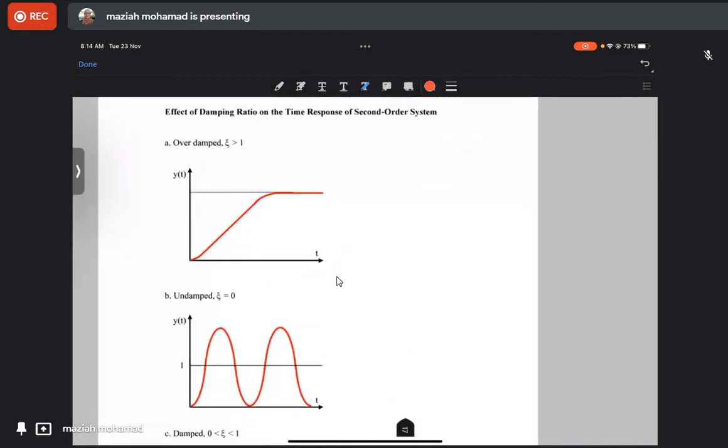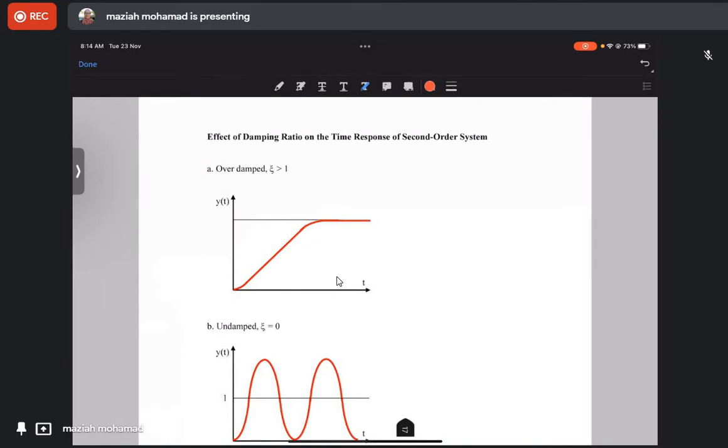All right, so we're going to discuss the effect of damping ratio, because we already know that natural frequency is just a frequency that will cause resonance to occur, so we just need to avoid that. There is no direct effect of omega n on the system, but when used together with zeta, it will give some effect.